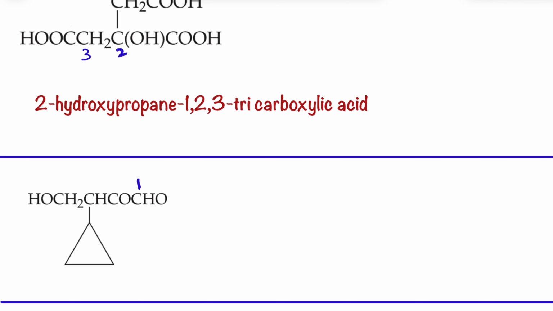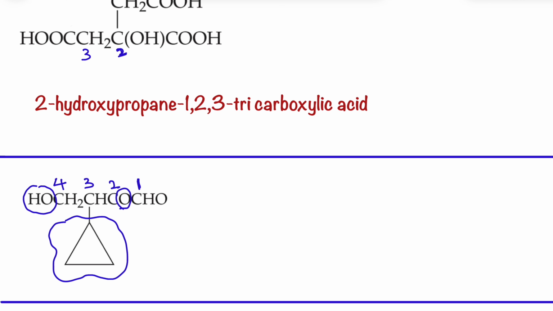So this is the first carbon, the second carbon, the third carbon, this is the fourth, and this is hydroxy, and this is cyclopropyl, and this is oxo. Prefixes are always arranged according to alphabetical order. So this is hydroxy, this is cyclopropyl, this is oxo.